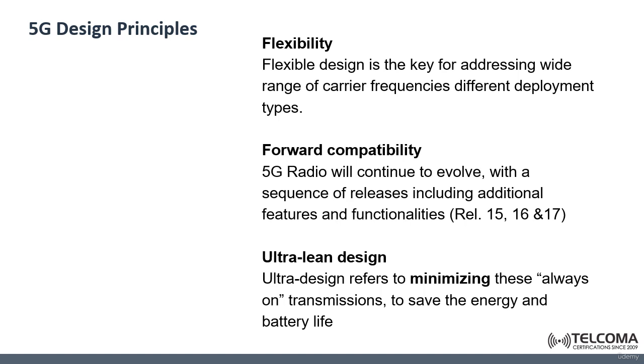So here the concept of ultra-lean design in 5G refers to minimizing these always-on transmissions as much as possible. So what is the reason for this? The reason is that the network should transmit signals only when necessary, which improves the energy efficiency, which will lead to reducing the OpEx, one of the performance targets of 5G we mentioned before.